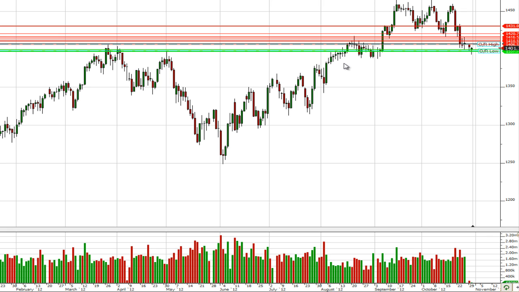Because that's when the institutions come into play. But the only reason that those big moves are caused is because of the big volume that those institutions bring in with them. And the more orders they have and the more volume, the more directional movement can take place, and that's why volume correlates so much with volatility.